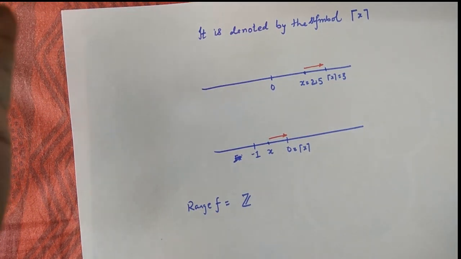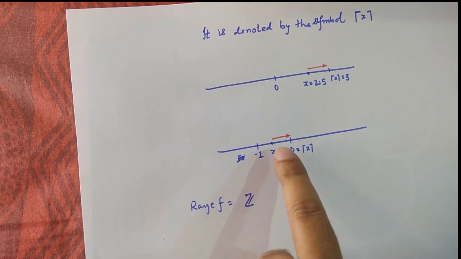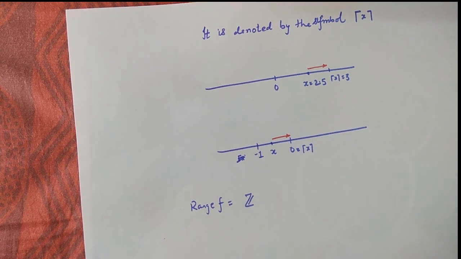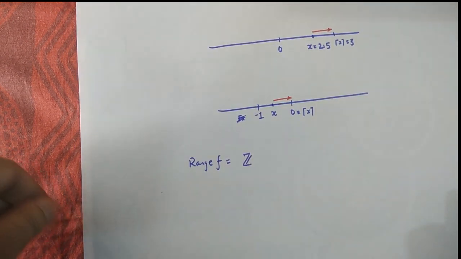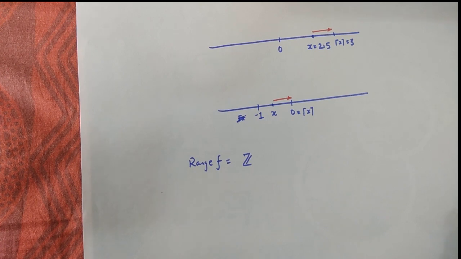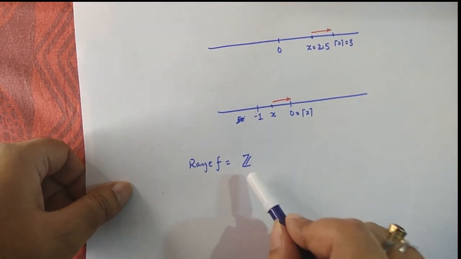The least integer function of x will be, as you can clearly see, 0, because 0 is the first integer which we will encounter when we start moving towards right from x. It is worth mentioning that the range of both the greatest integer function and the least integer function is the set of all integers Z.